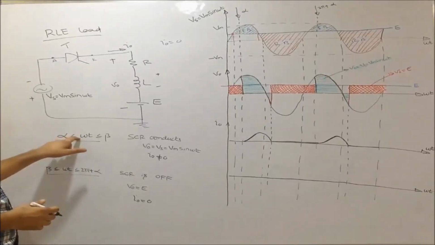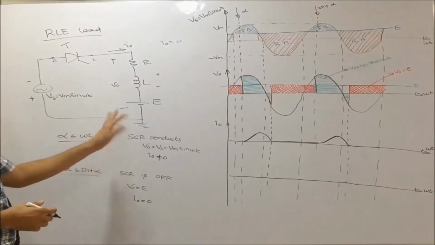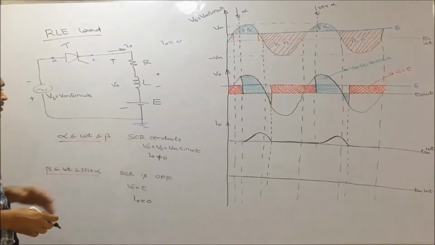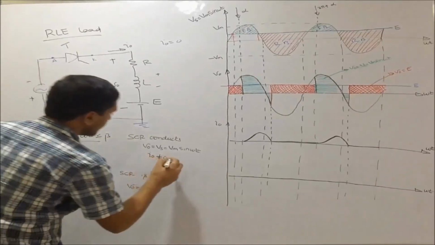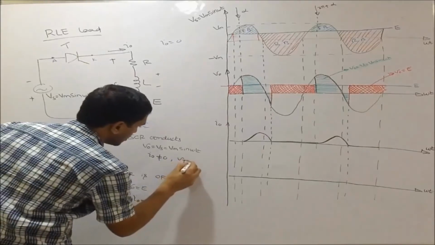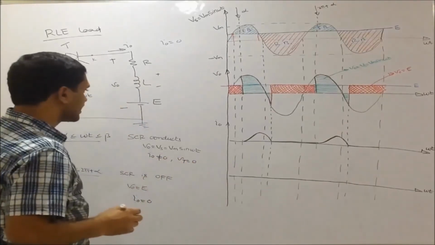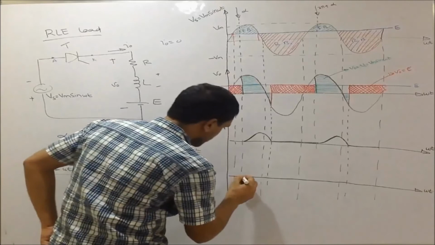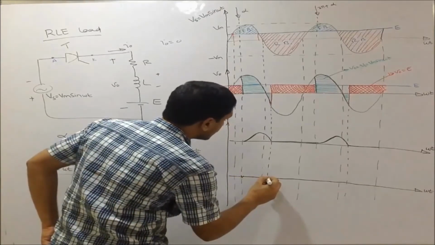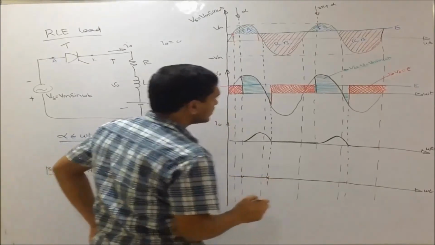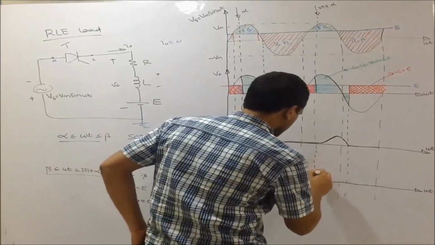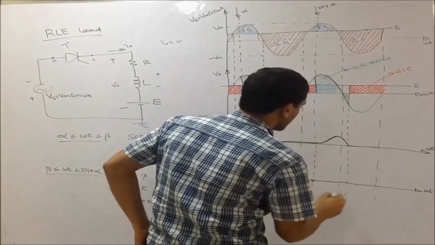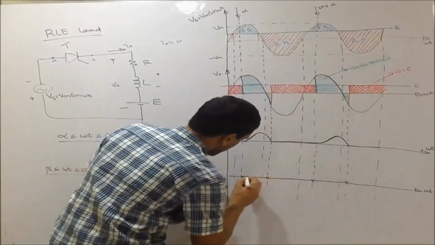When alpha is less than or equal to omega t less than or equal to beta, the SCR conducts, and the voltage across the thyristor is 0. Meaning from alpha to beta, my voltage is 0 across the thyristor. This is 2 pi plus alpha to 2 pi plus beta. Here my voltage is 0.